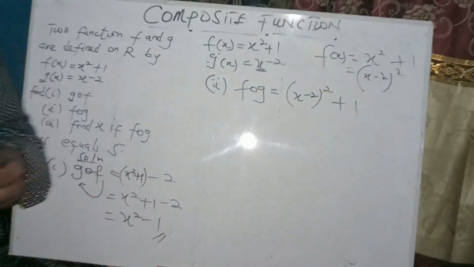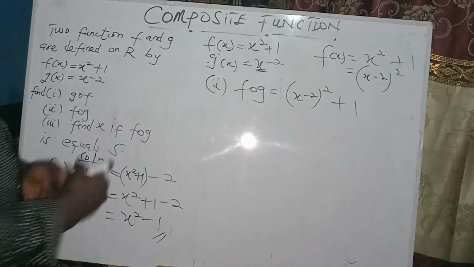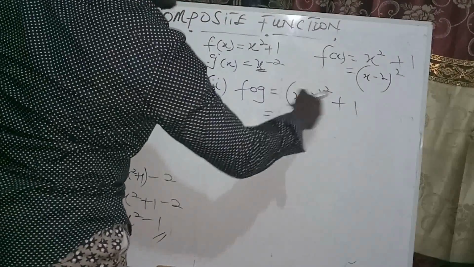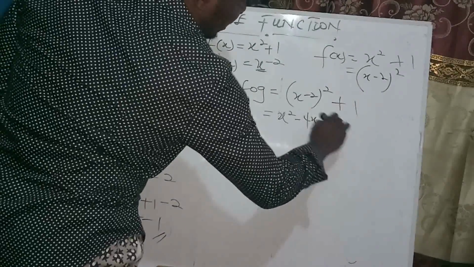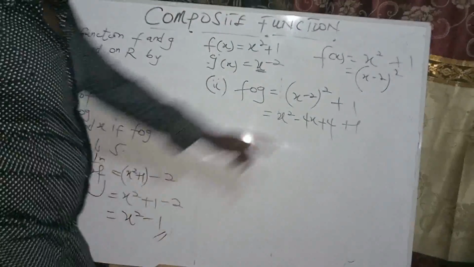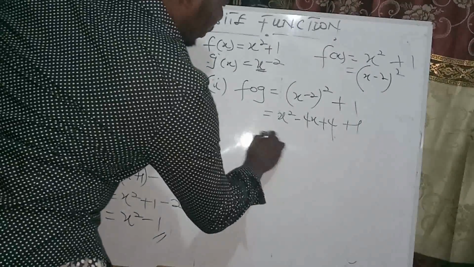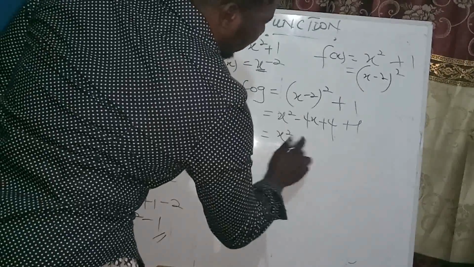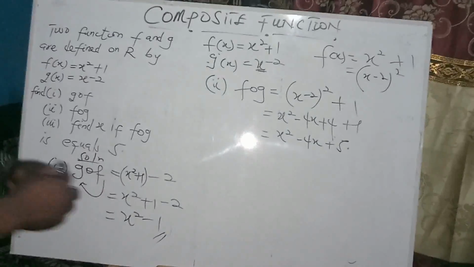To continue solving, when we do the expansion, we get x squared minus 4x plus 4, plus 1. When we continue, we get x squared minus 4x plus 5. So we end it at this side.